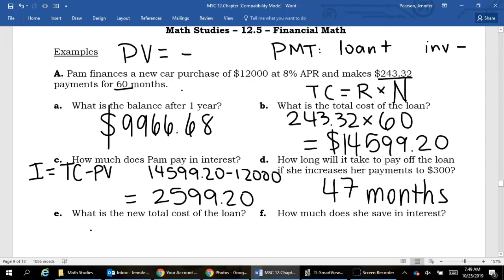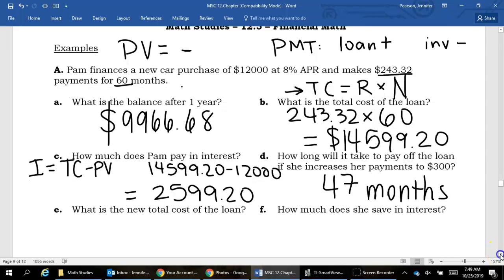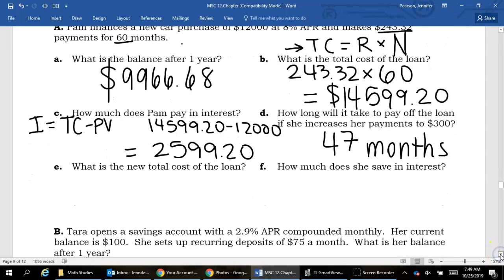So now the next question says, what is the new total cost? We are still using this total cost formula. We are using the new repayment amount of 300 and the new number of months, 47. So repayment is $300 times 47 months.